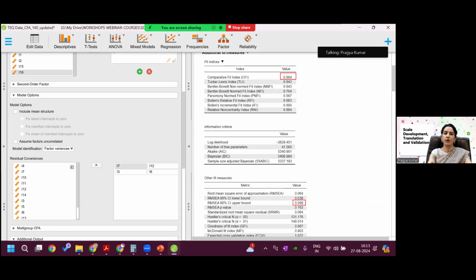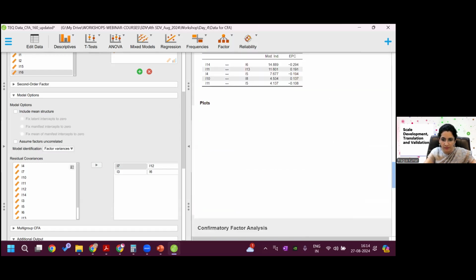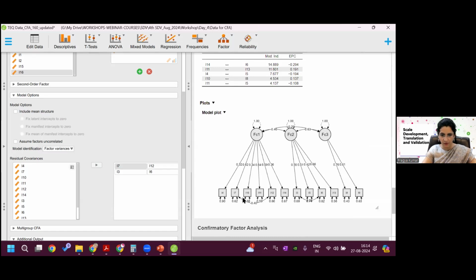So have you understood up till this point? You can see there are 2 residual covariances which got attached, 3 with 6 and 7 with 12.